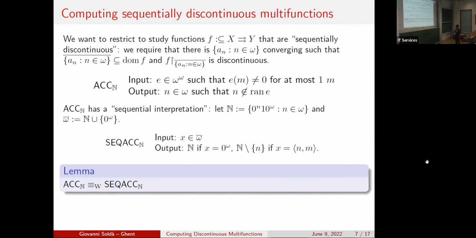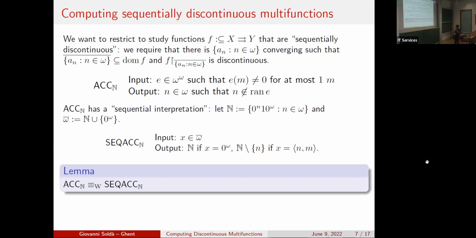By n, I mean the following set. The number n will be represented by n zeros, then I put a 1, and then I could put whatever I want; for simplicity, I just attach a string of zeros after it. And by the closure of omega, I mean the topological closure of the set that I just defined. So I also accept the constant 0 as a point.